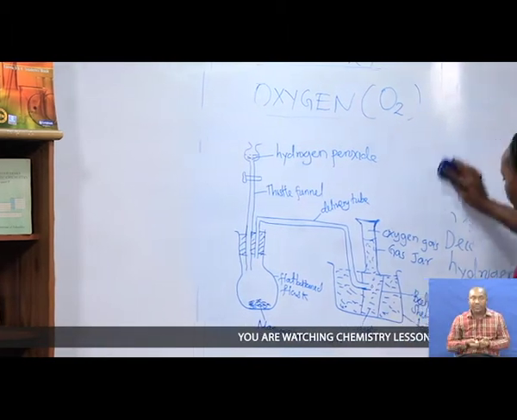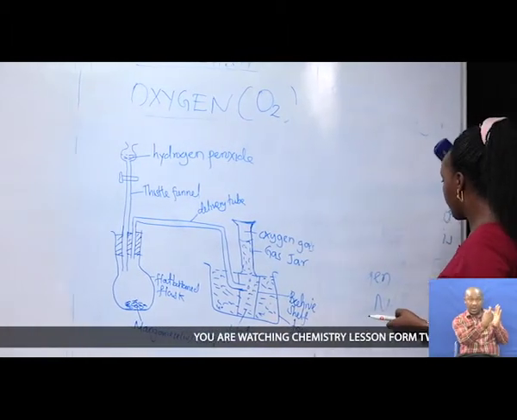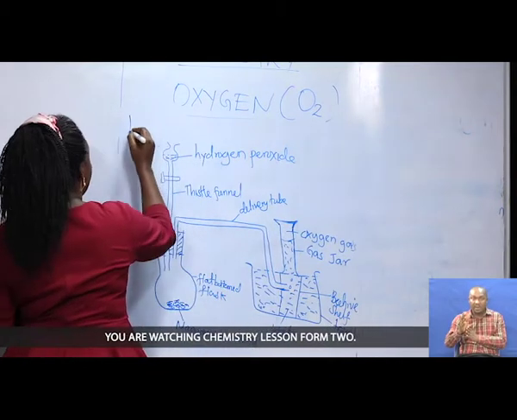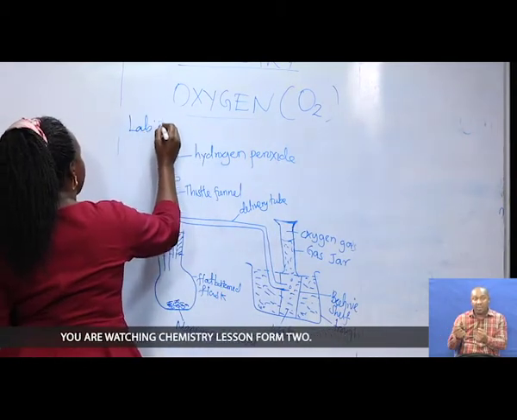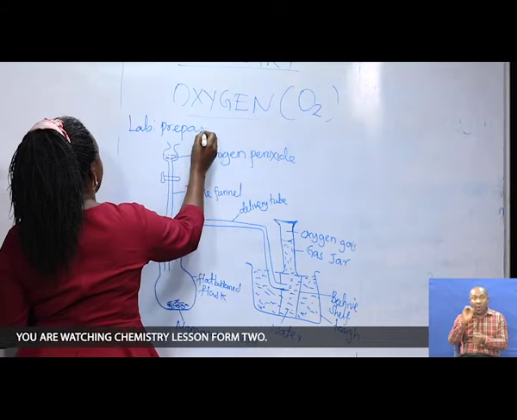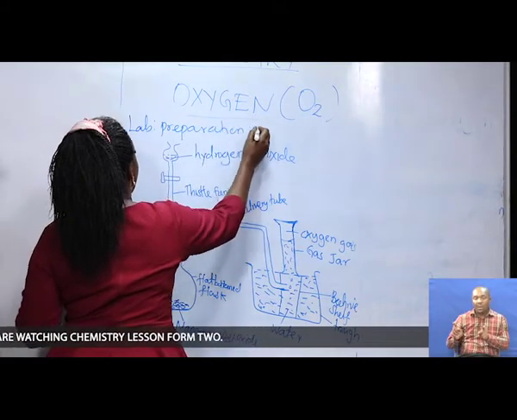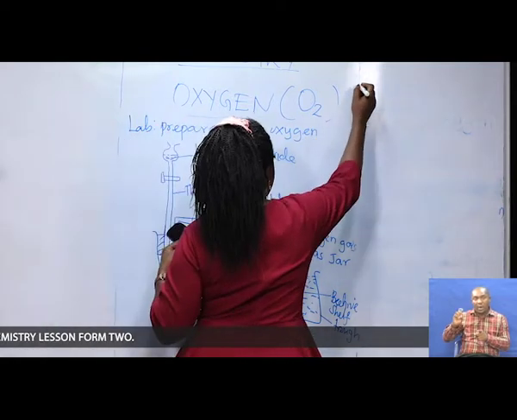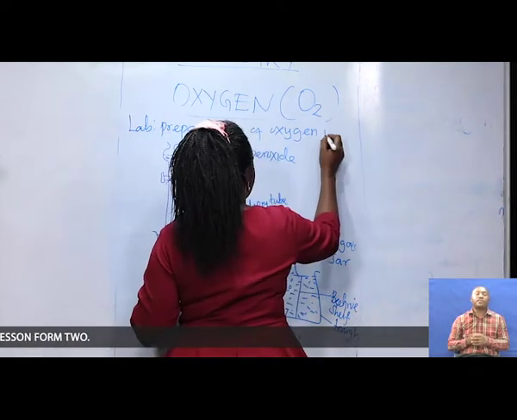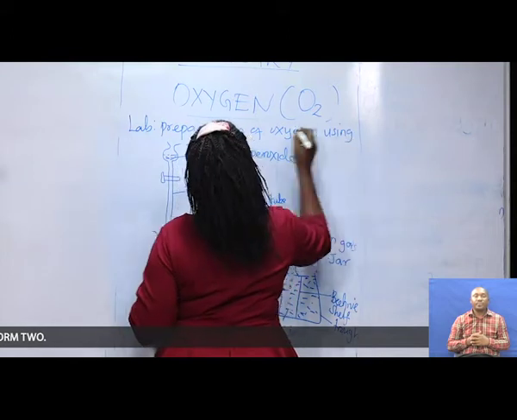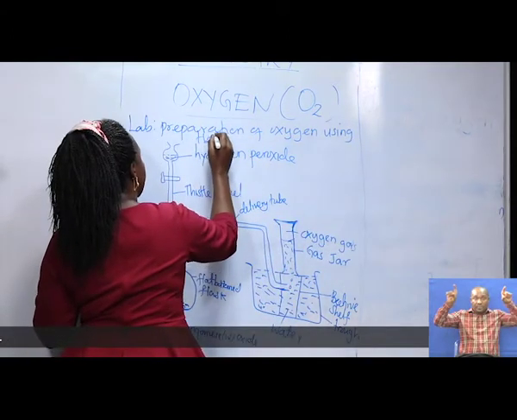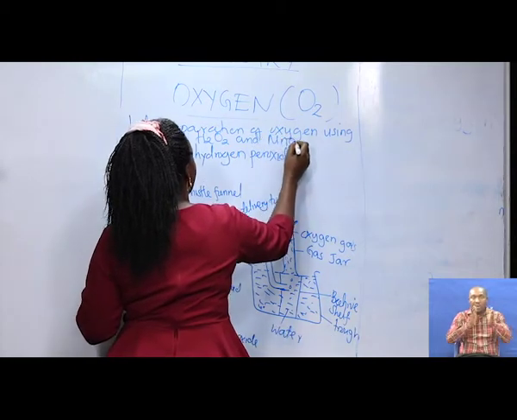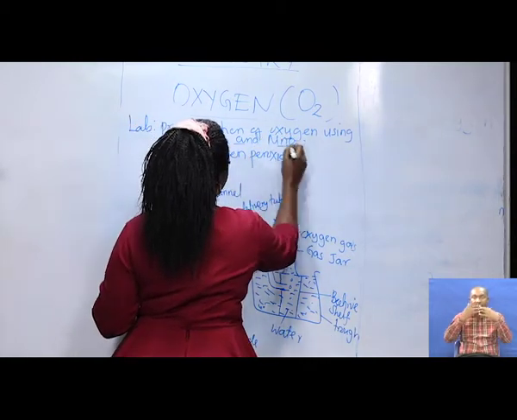So now this is a diagram showing how oxygen is prepared using hydrogen peroxide. This is laboratory preparation of oxygen, using hydrogen peroxide and manganese(IV) oxide.